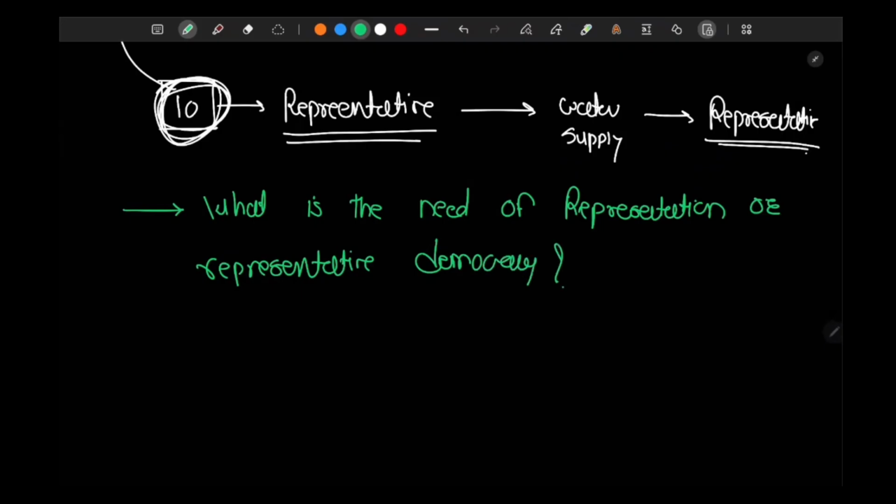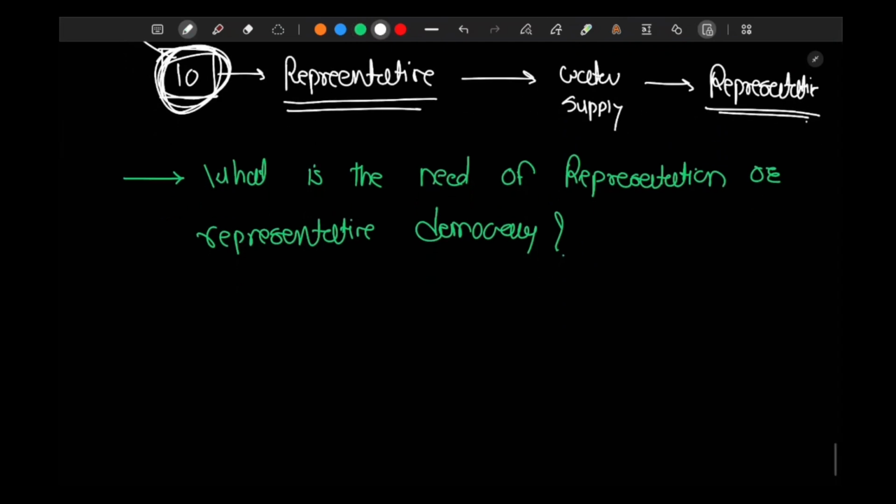If participatory democracy works really well, people are participating, and people are making laws which affect them on their own, what is the issue?